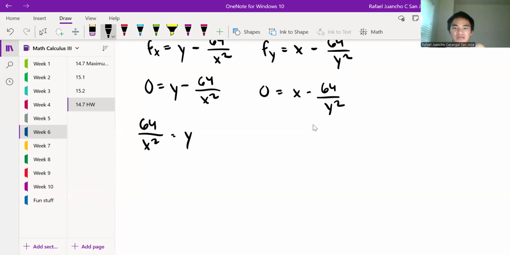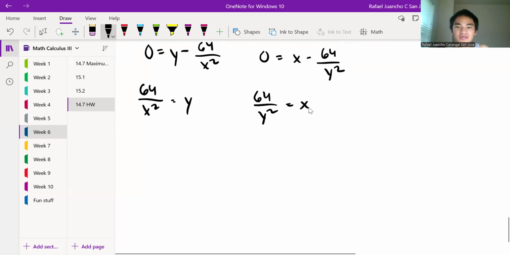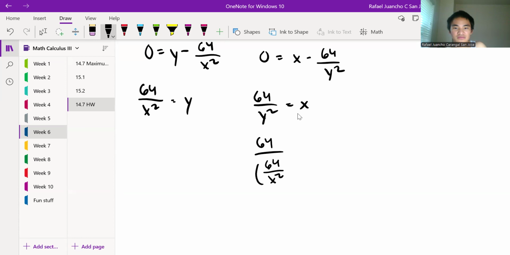Here I do the same thing: 64 over y squared equals x. And then from there, it's my decision on which one I want to plug in. I guess I'm just going to plug in this y to here. So I'm going to say 64, my y, which is this, square that, that's equal to x.